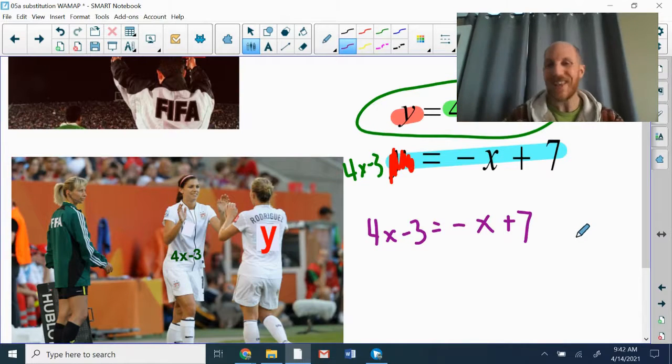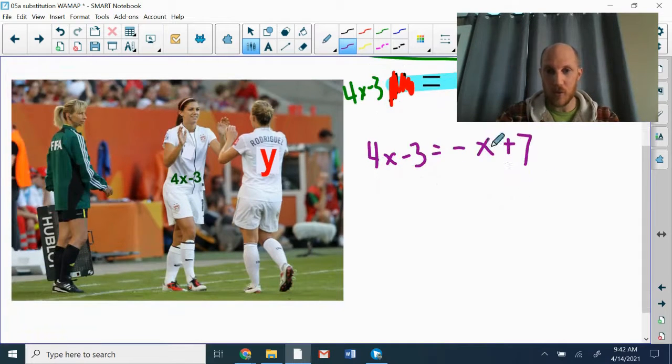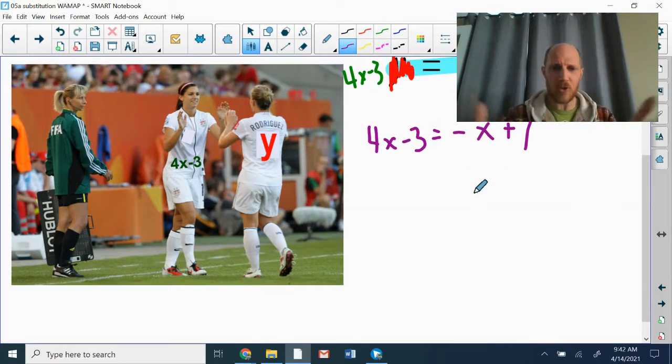Each of those two equations had two variables. Each of them had an x and a y. In this new purple equation I've just created by doing substitution, now I have one equation, and it has only one variable. The only thing in there is an x. It shows up in a couple of different places, but the only letter is an x. And this gives me an opportunity to practice what we learned earlier in the year. We're going to solve this equation. I've got x on both sides of the equal sign.